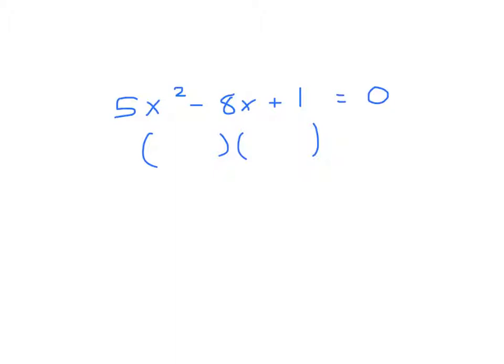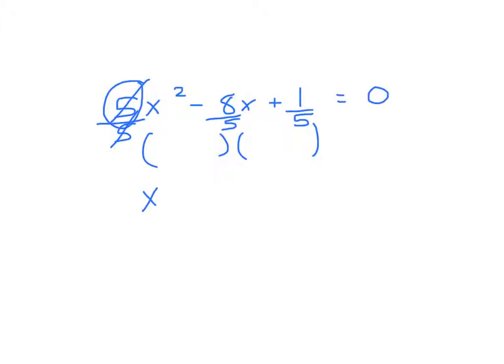So I'm going to use completing the square, but I have a 5 in the front of the x squared, so I need to divide everything by 5 in order to get rid of that 5. So I'm going to divide that by 5, divide this by 5, divide this by 5. 0 divided by 5 is still 0, and that will cancel out my 5.